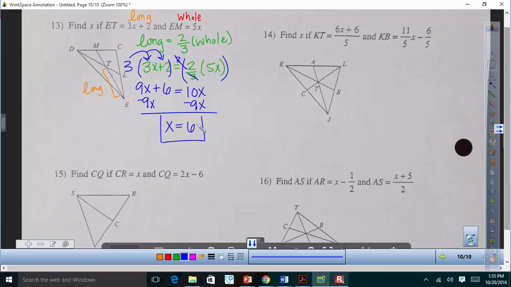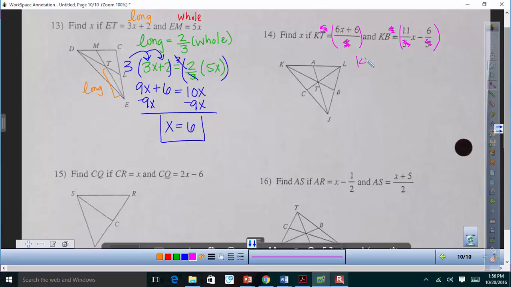Now, 14, really quick. I'm going to make your life super simple. All of these have the same denominator, so what should we do to get rid of the denominator? Okay, so I'm going to multiply this by 5, which basically cancels out my 5, and I'm going to multiply both of these by 5, which is going to cancel out both of these 5s.